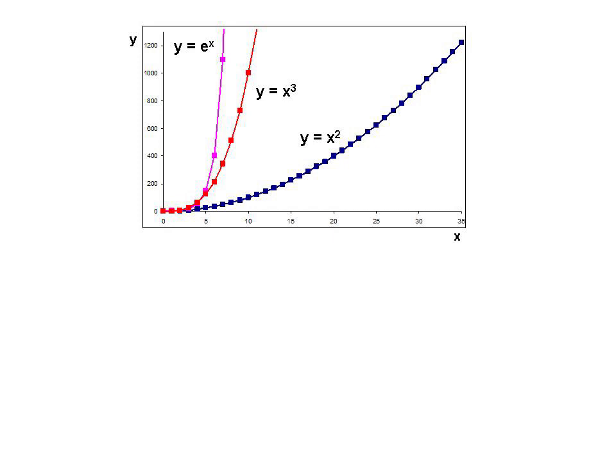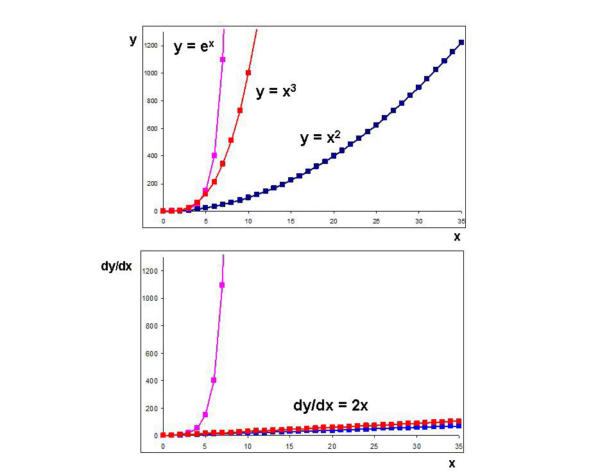When we look at the derivatives, we see that the derivatives of x cubed and x squared grow linearly. However, the derivative of the exponential function grows exponentially. That's why the rate of increase for the exponential function picks up pace very, very quickly.